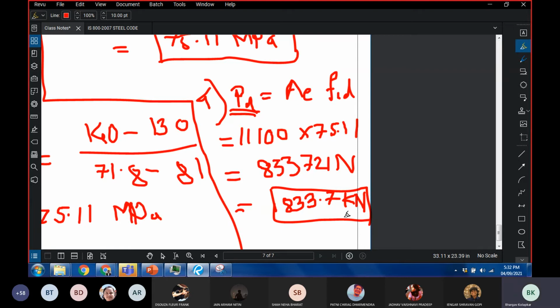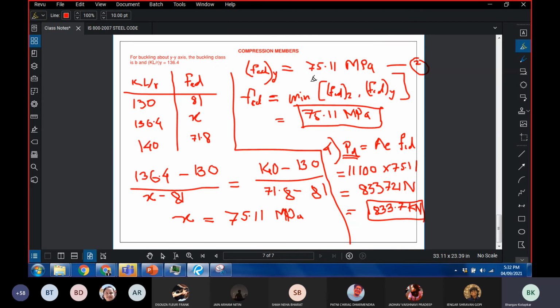Okay. So now, if we know that the value of FCD about Y is always going to be less than FCD about Z, then why did we find out these two values? Did you understand my question?